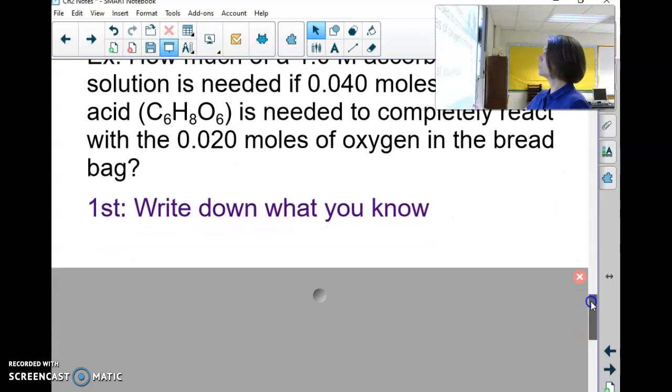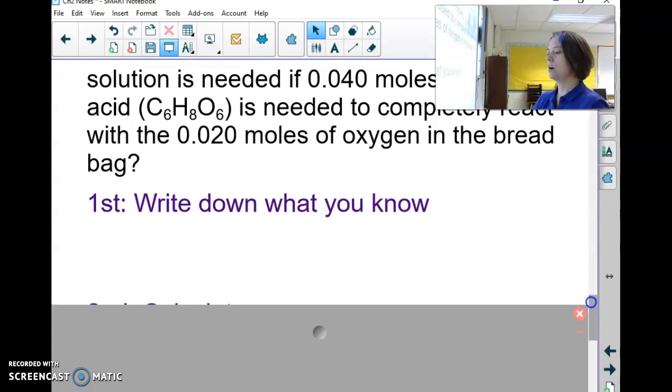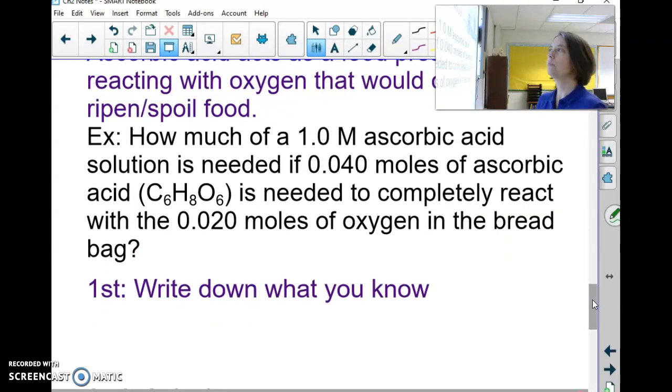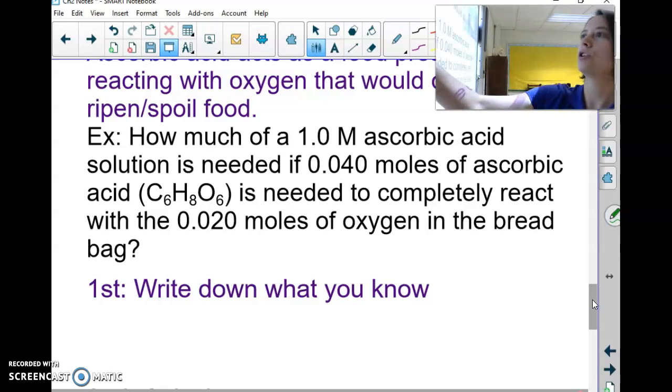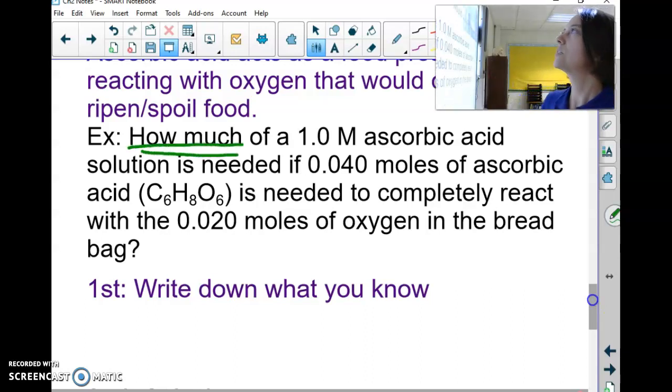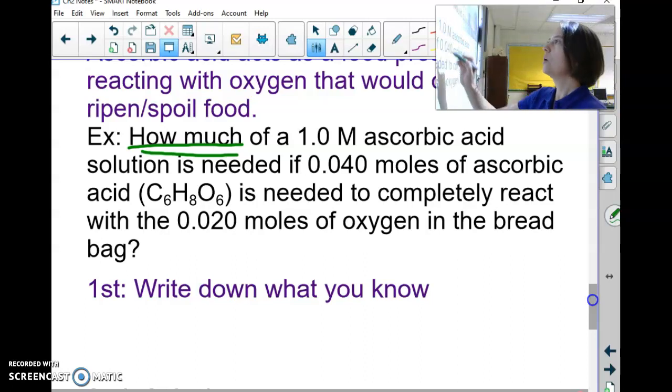First thing we're going to do is write down what we know. Okay, so we've got a lot of numbers in here. So how much? Is that molarity, volume, or moles? How much of a solution? Well, that's going to be volume.